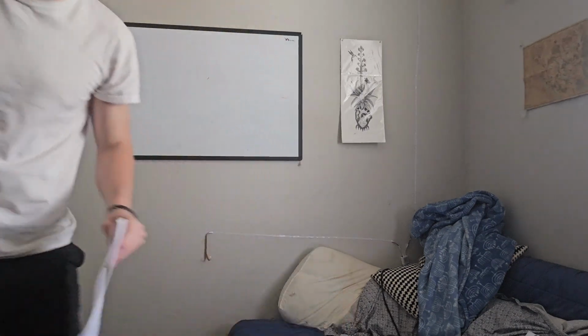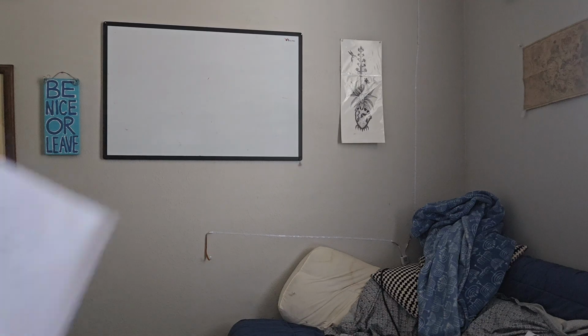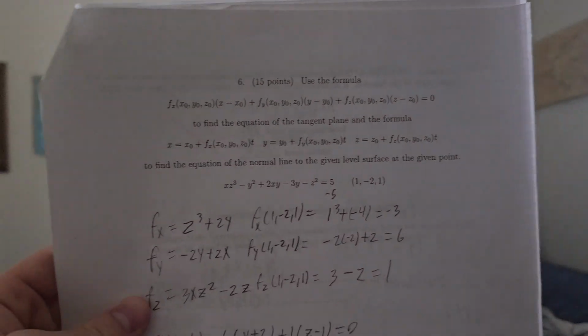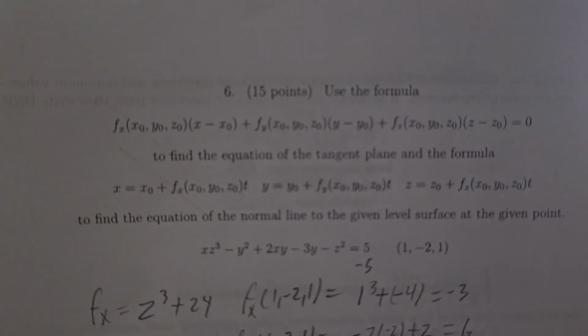I'm not happy about that. Do I have to write this? I don't have to. Okay, let me show y'all what the equation is. Oh man, it's quite dark. Really dark.